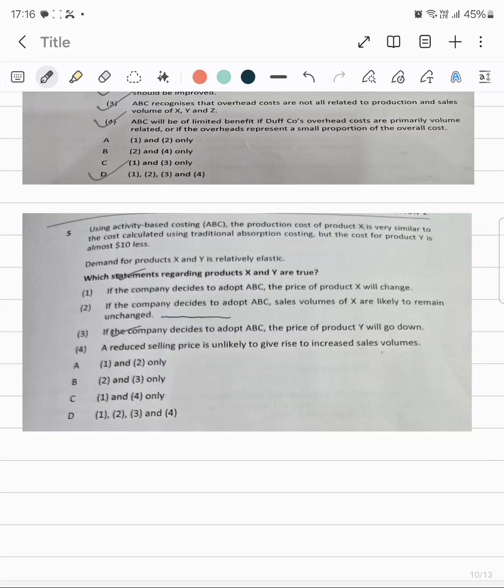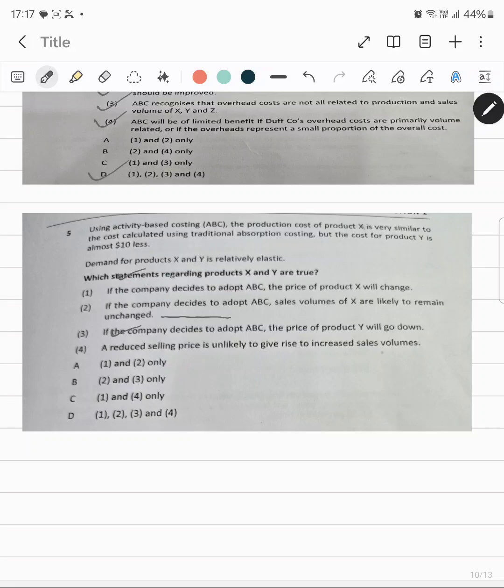And as you can see, I have already solved this. In this case, using activity based costing, the production cost of product X is very similar to the cost calculated using traditional absorption costing, but the cost for product Y is almost 10 less.